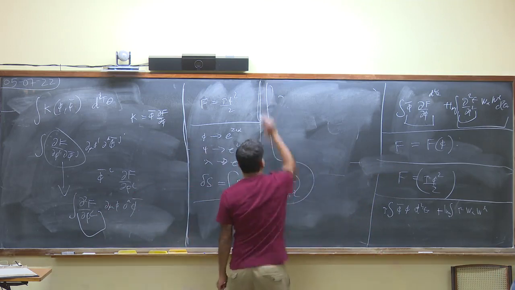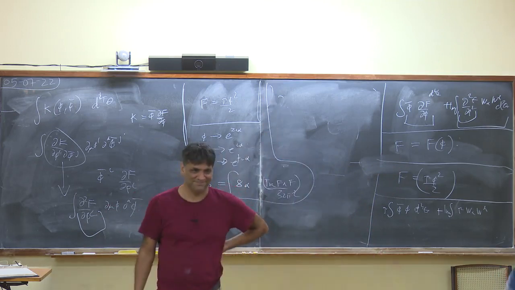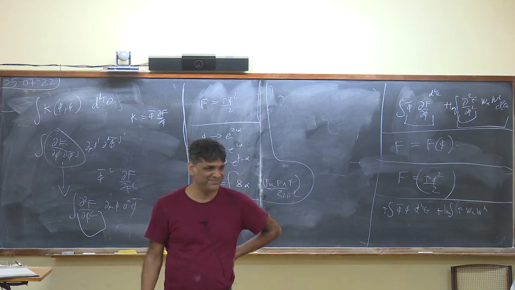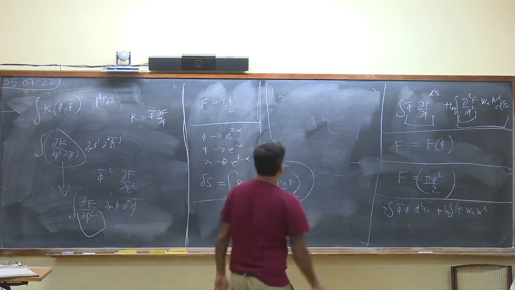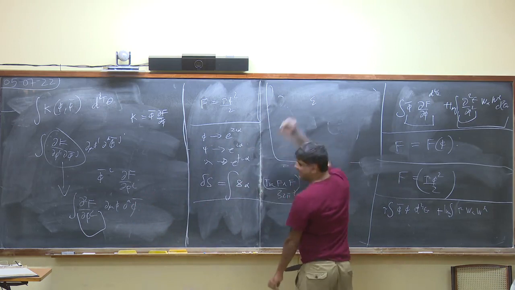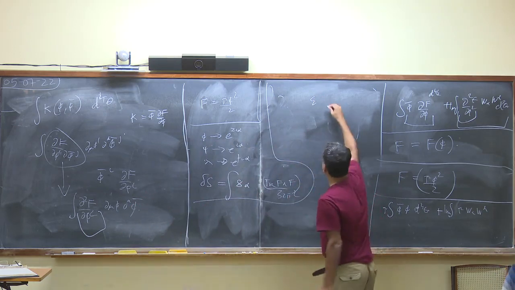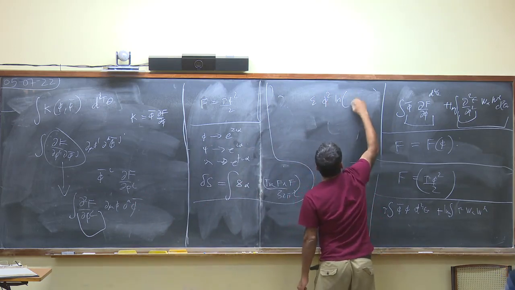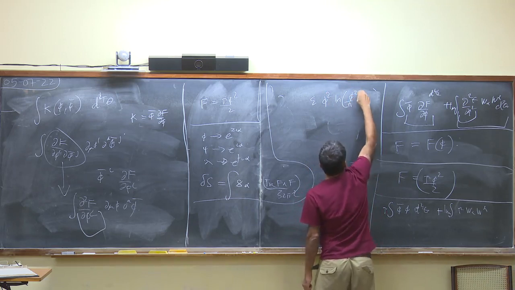Let's try to come up with a term that will do the job. Claim: if you take zeta phi square log of phi by lambda, or maybe phi squared by lambda squared.